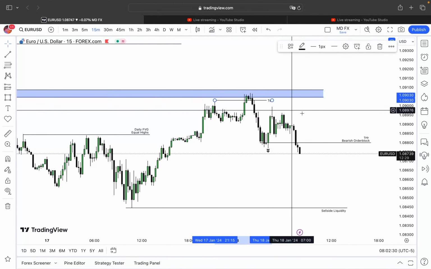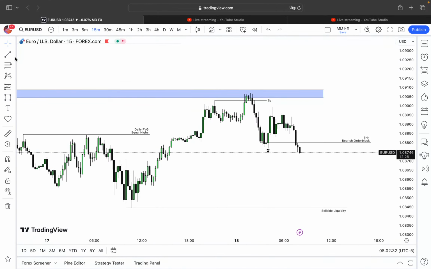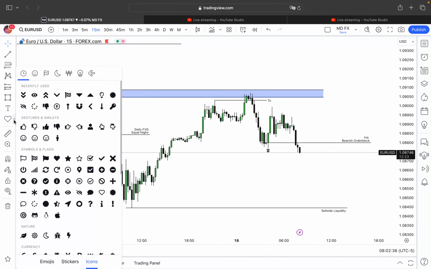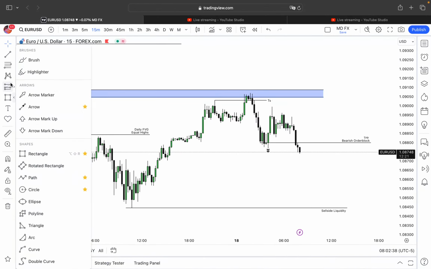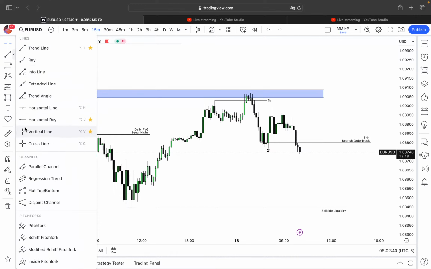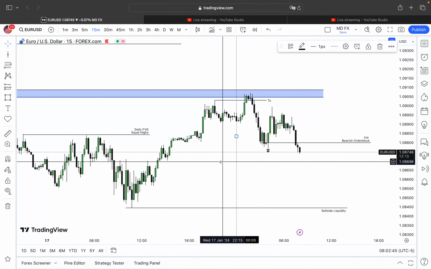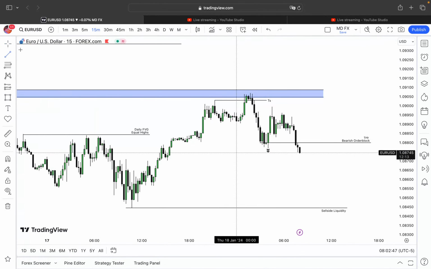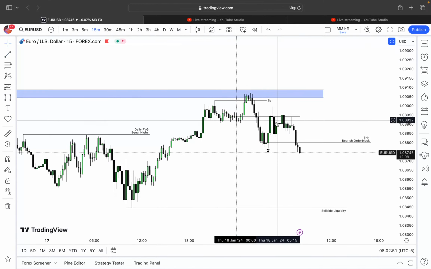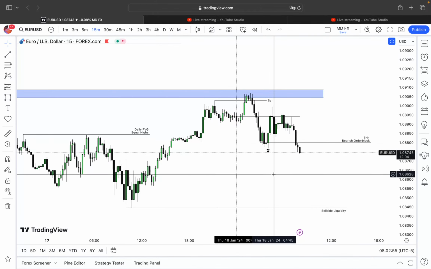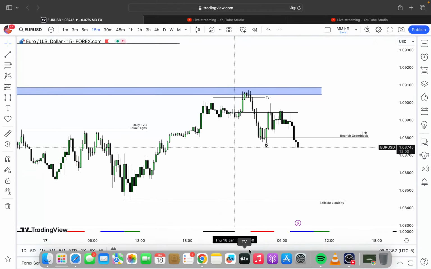So where's our opening price? Our opening price is down here. So this is our opening price. You can see price came back to tag into it during the London session.